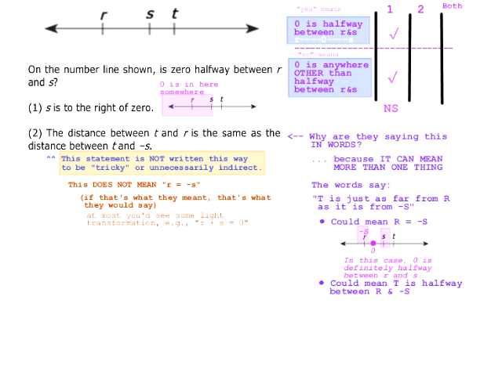But then it could also mean that t is halfway between r and the opposite of s. In that case, that means that t is the halfway point, which means that the opposite of s is actually way over on the other side of t, because these distances from t have to be the same.